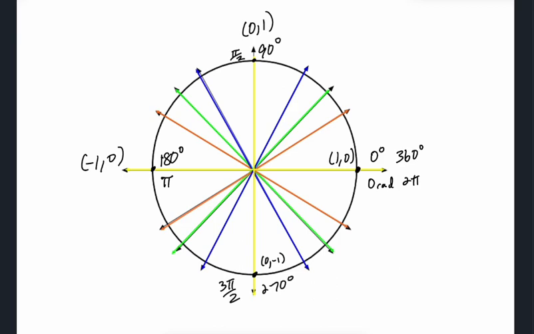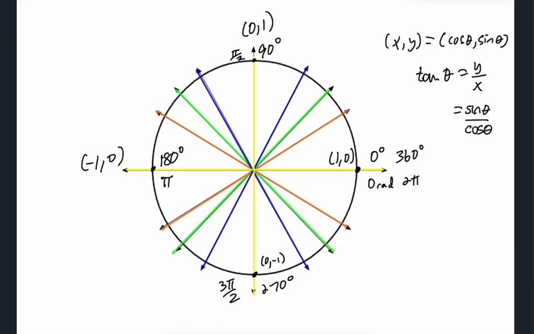Now, write yourself a little note that x, y is cosine, sine, and that the tangent is y over x, or sine over cosine. Okay, you do have to know all that.